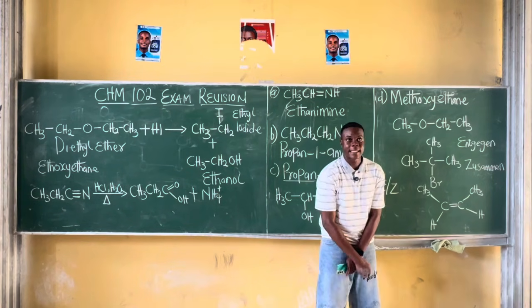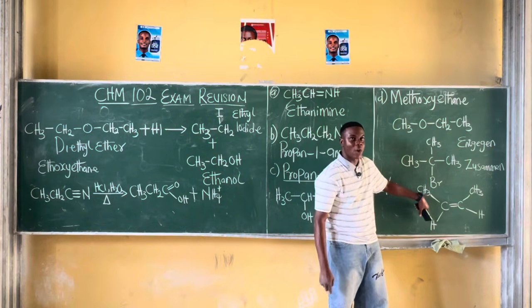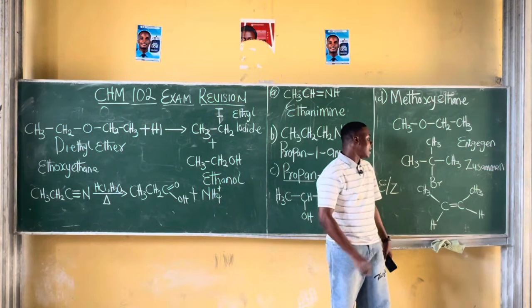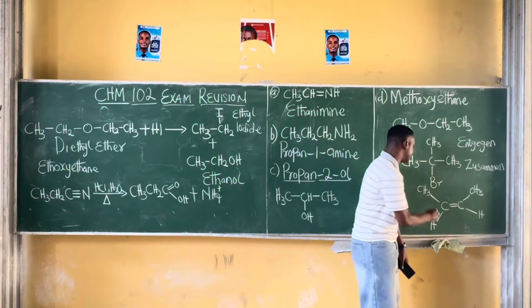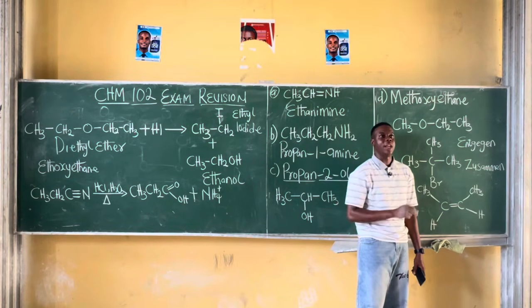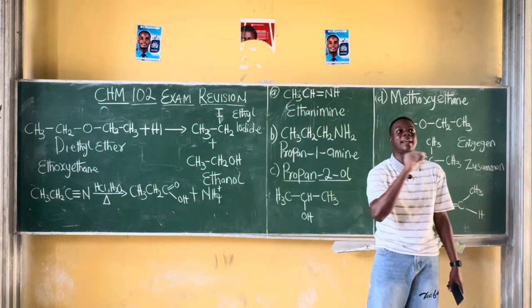You know why it is cis? Simply because the methyl groups are on the same side, upwards. You can see it, right? This is when we use cis-trans. The two methyl groups are either on the same side or on opposite sides. That's why we use cis and trans.